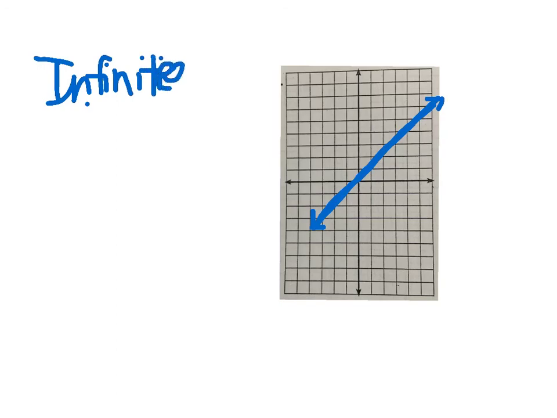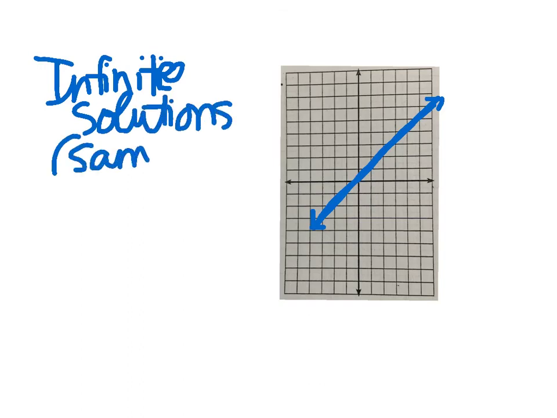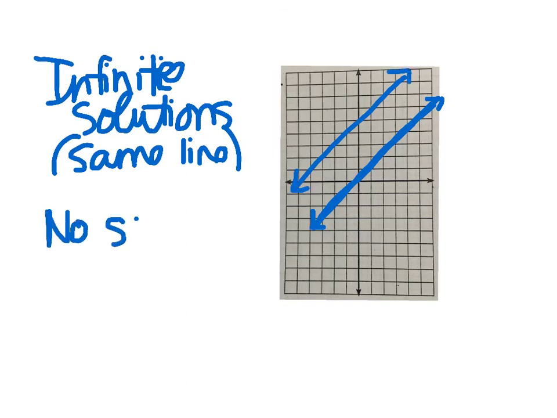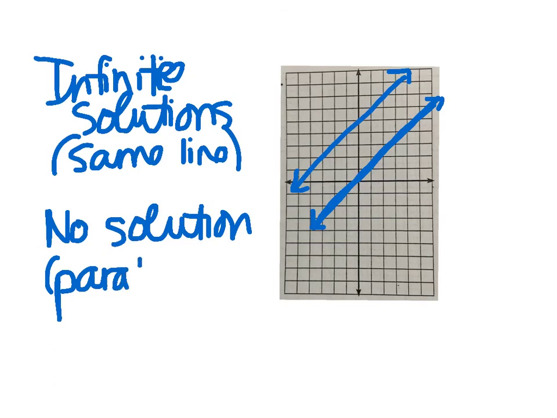By the same token, that's the same line. If you have parallel lines, parallel lines never cross. So that means no solution. There are no solutions in common. And that's that.